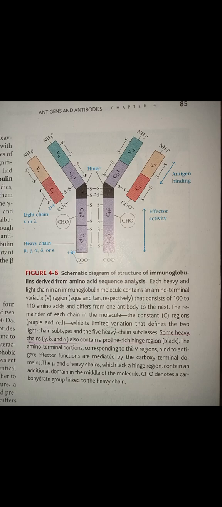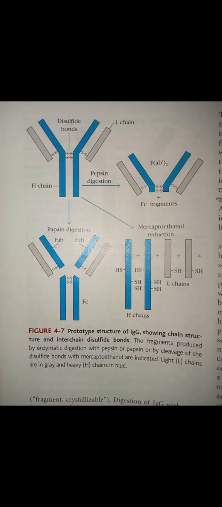Wait a minute, I will show you a picture. Prototype structure of IgG showing chain structure and interchain disulfide bonds. The fragments produced by enzymatic digestion with pepsin or papain, or by cleavage of the disulfide bonds with mercaptoethanol, are indicated.